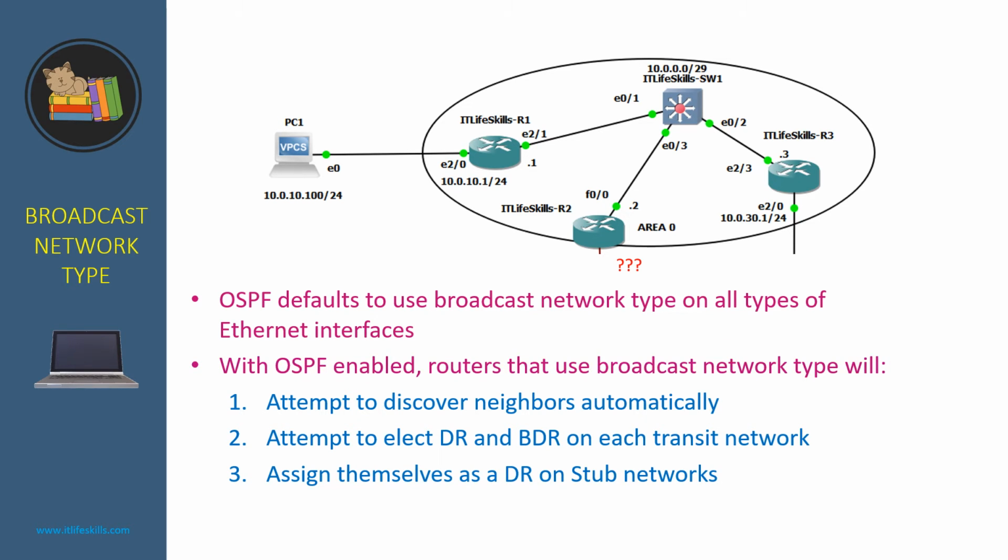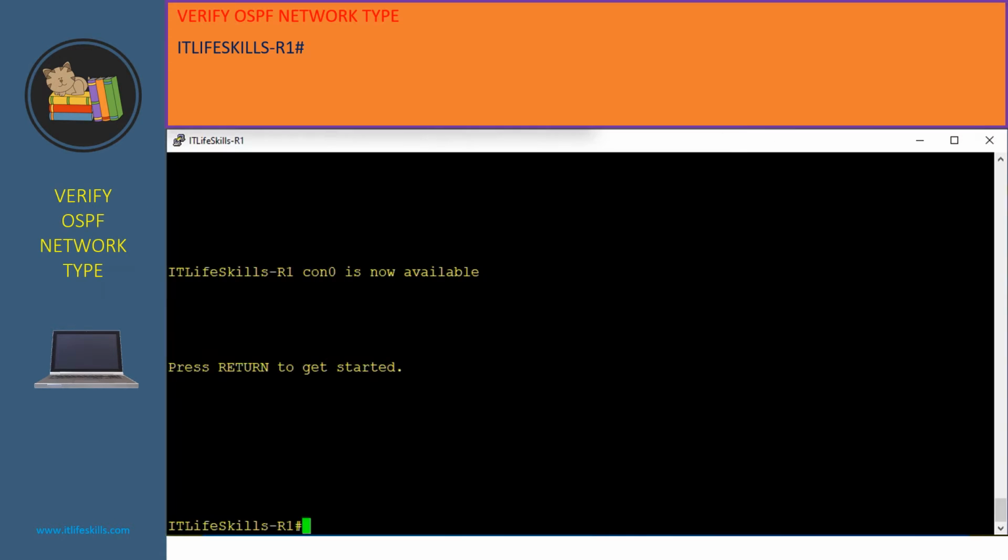With OSPF enabled, routers that use the broadcast network type will attempt to discover neighbors automatically and attempt to elect a DR and BDR on each transit network, and they will assign themselves as DR on stub networks.